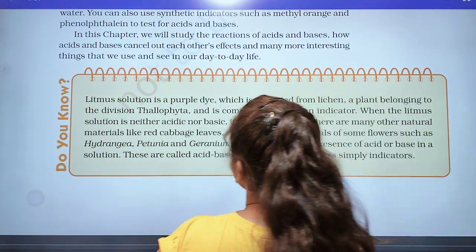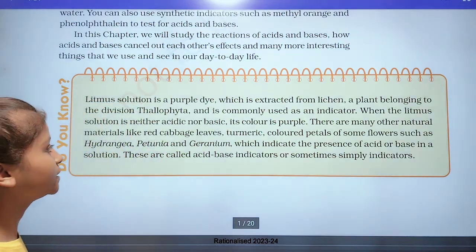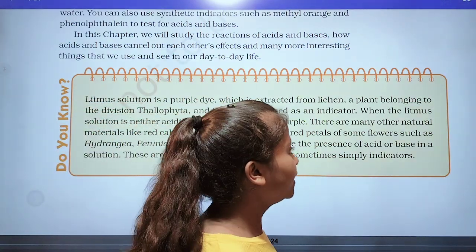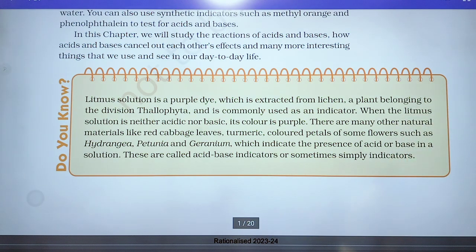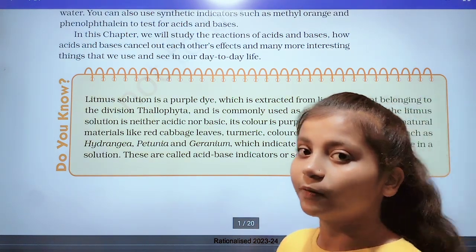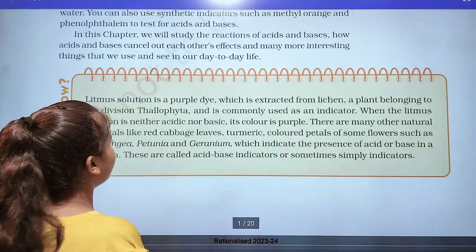Litmus is a commonly used indicator. When the litmus solution is neither acidic nor basic, its color is purple. It means if the substance is not acidic or basic, then the litmus paper becomes purple in color.